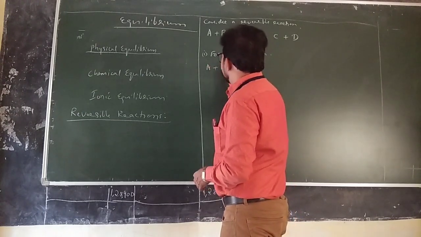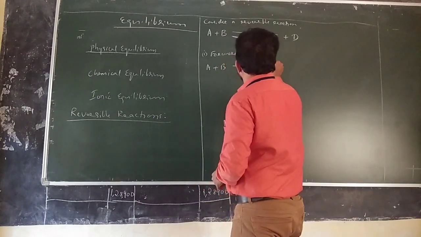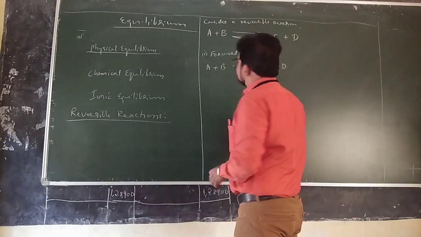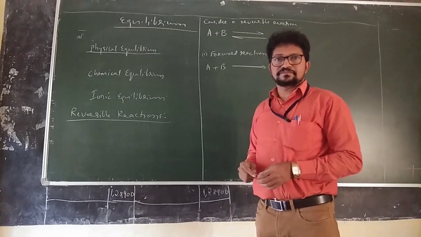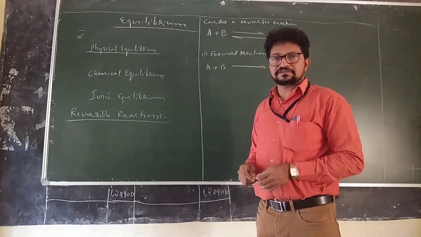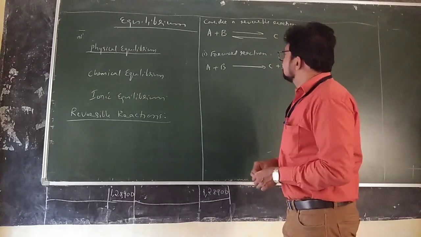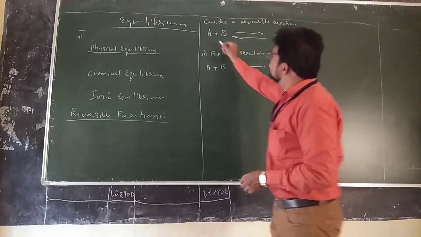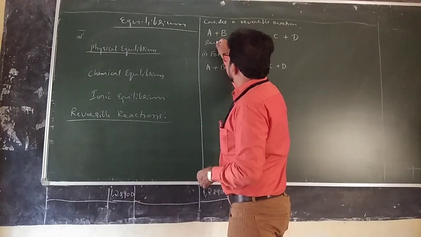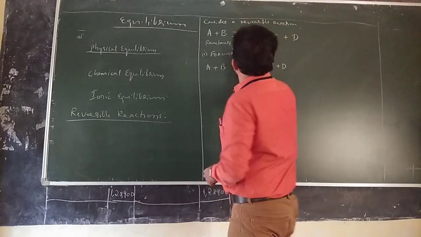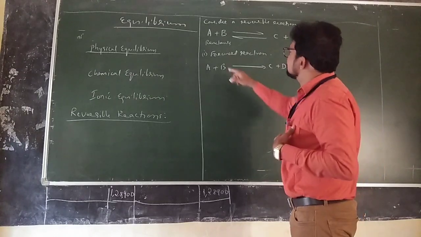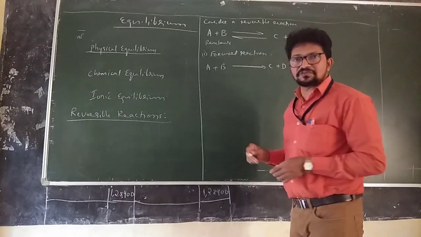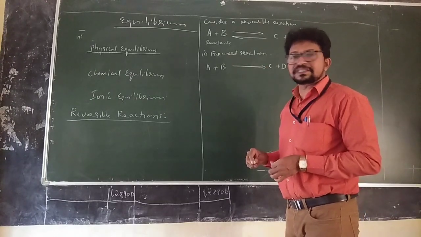A plus B giving product C plus D. This is called forward reaction. A plus B are called reactants. C and D are the products. A plus B giving C plus D. This is called forward reaction.